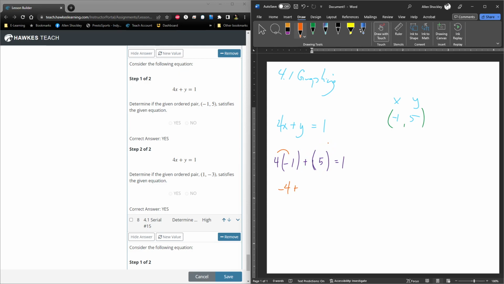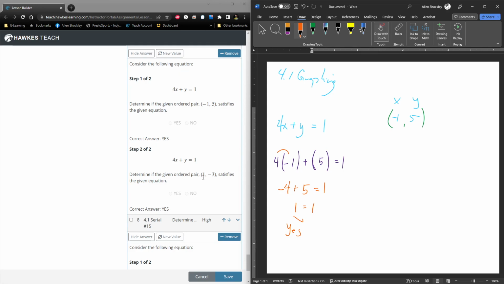I actually don't need these parentheses surrounding this 5, so I'm going to say plus 5 equals 1. We're going to actually do this. -4 plus 5 is 1, and so does 1 equal 1? Yes, so you would mark yes.